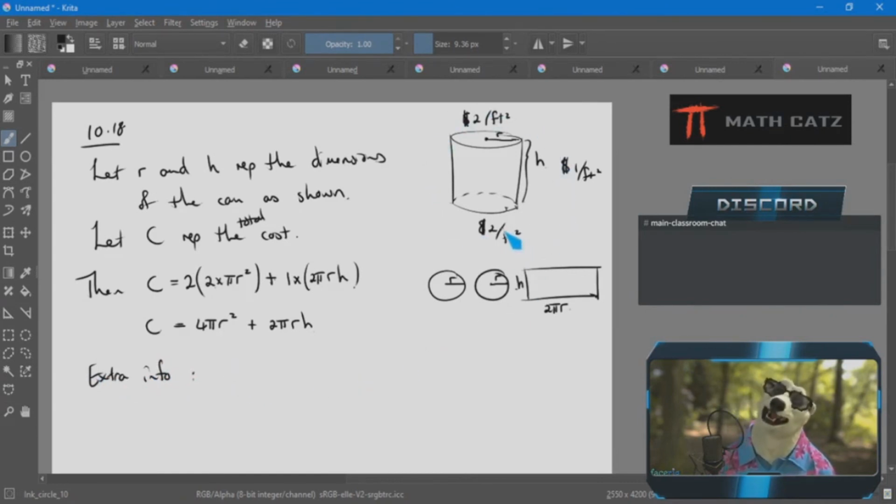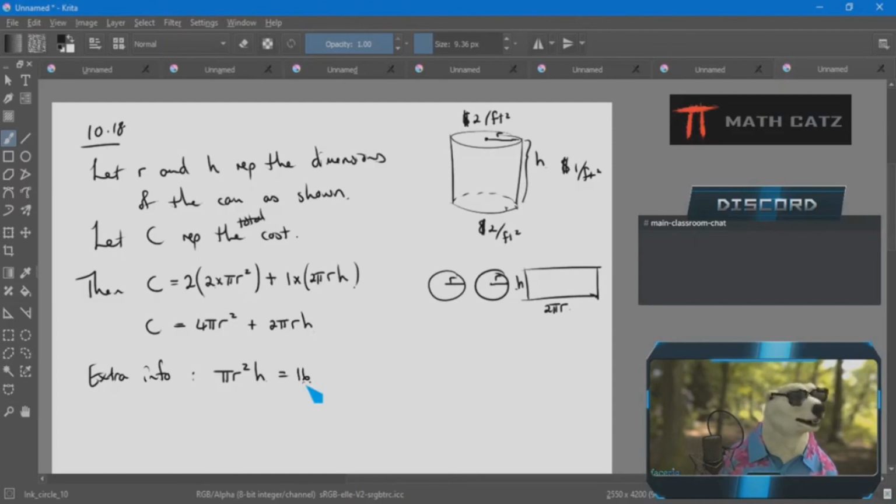Now, what is the volume of this can? This is a circular prism, which means I have sides perpendicular to the base, and the top face is also the same as the bottom. So it's then the area of the base times the height. So pi r squared h equals 16. So you see that there are some geometric formulas that you need to know.